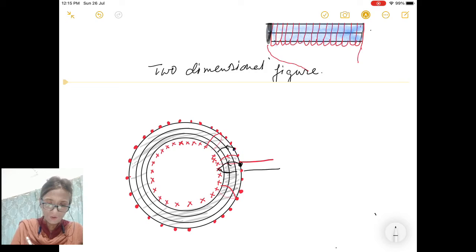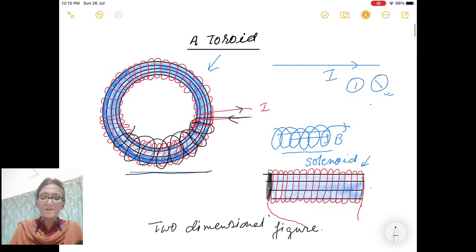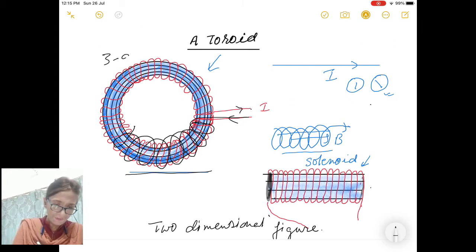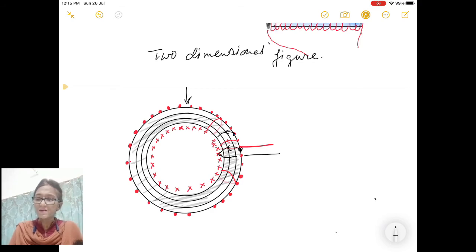This toroid, you can see this toroid. I have cut a transverse section of this three-dimensional figure and we get a two-dimensional figure.